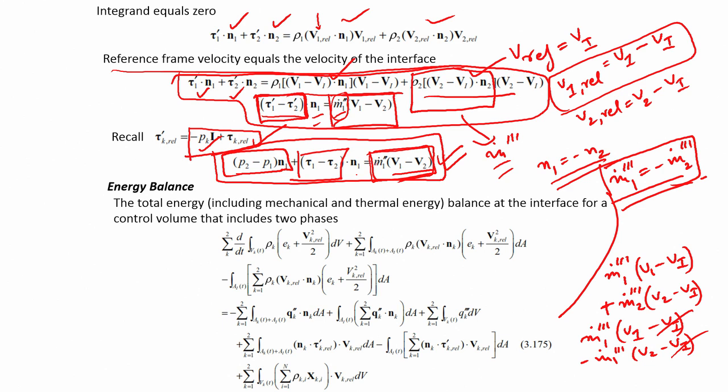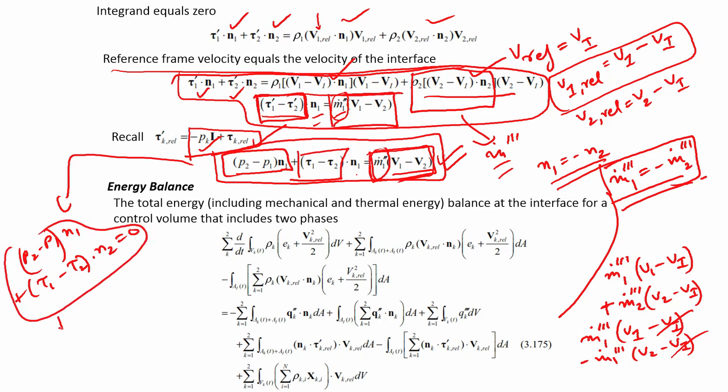Now, if for example there is no phase change happening, what we will have is P2 minus P1 into N1 plus tau 1 minus tau 2 dot N2 should be equal to 0 in the event of no phase change.